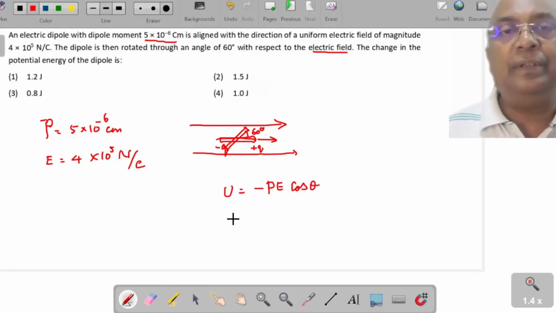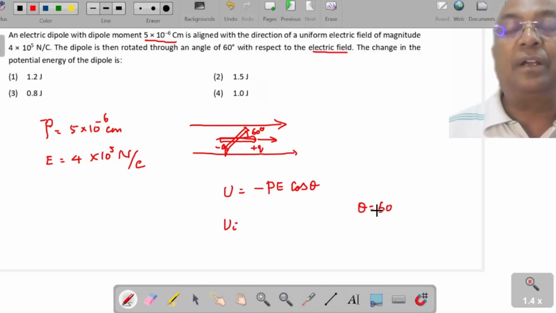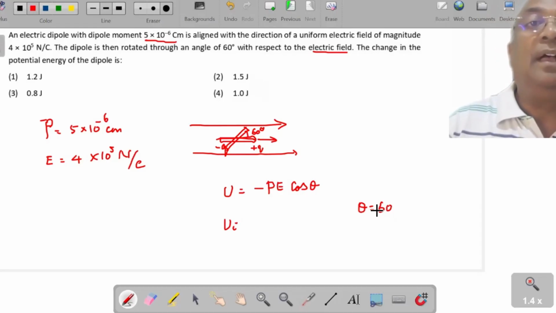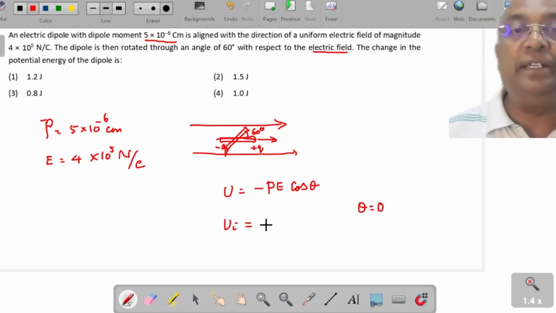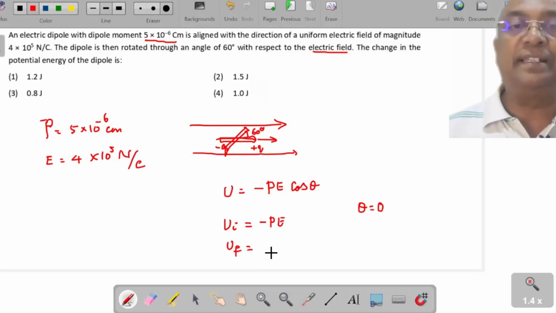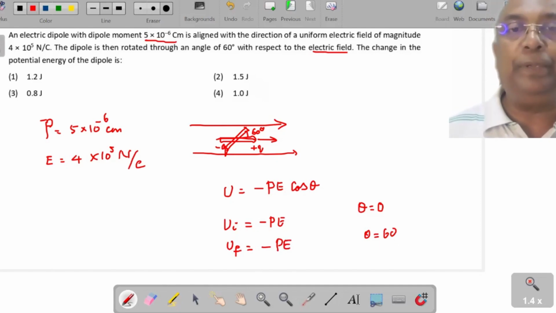Initially theta is 0, cos 0 is 1, so the initial potential energy is minus PE. Finally it turns to an angle of 60 degrees, cos 60 is 1 by 2, so the final potential energy is minus PE by 2.